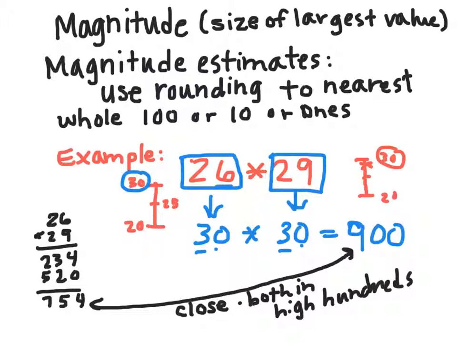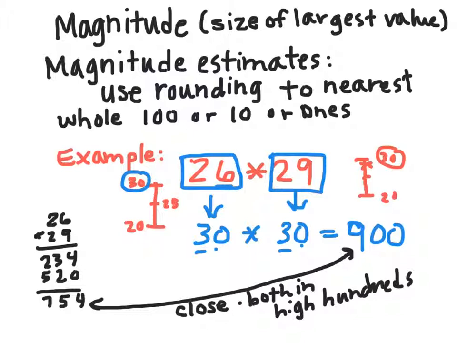So for instance, if you're working with a number in the hundreds, you're going to round and make your estimates based on rounding to the nearest hundred. If you have a number that is in the tens, you're going to round to the nearest 10. Or if you simply have numbers that are less than 10, you can round to the nearest 1 or use a compatible number like a 2 or a 5.